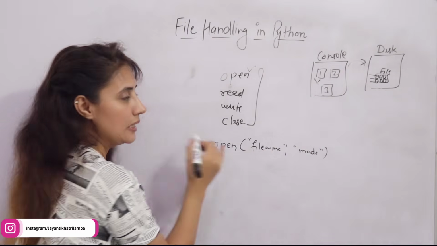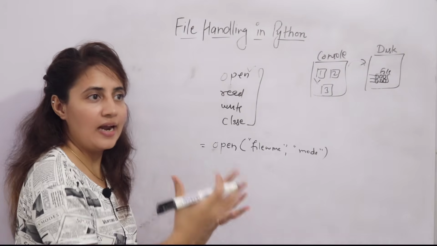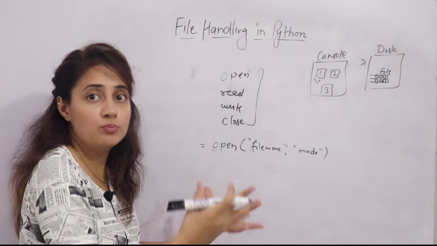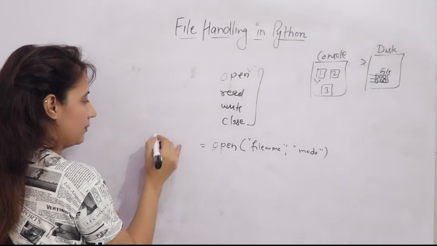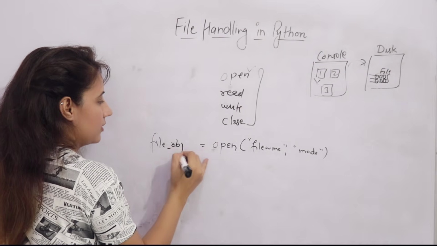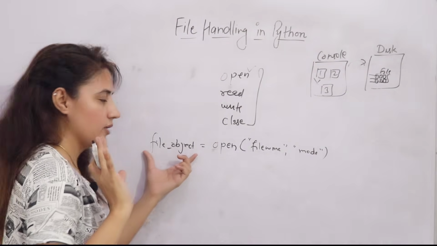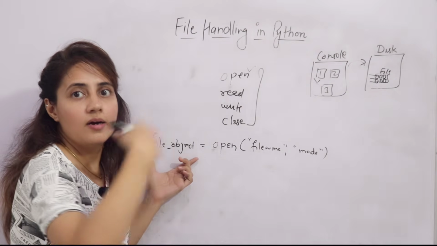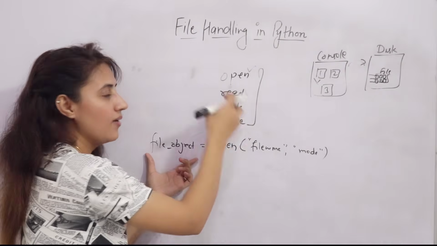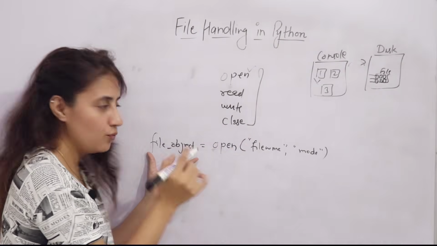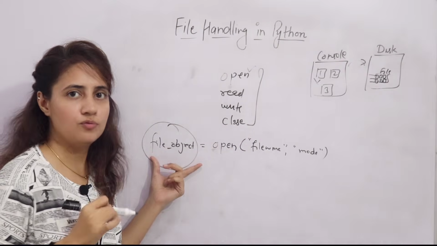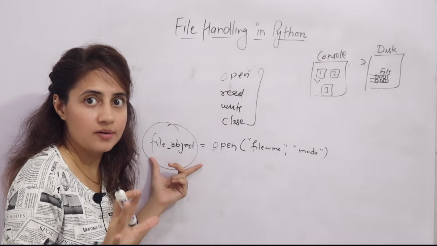And this open function will return a file handler, or an object, so that we will store in a variable. Suppose file object, this is going to return an object. So if you want to do any operation on this file, reading, writing or closing the file, we will do it with the help of this file object, or file handler.